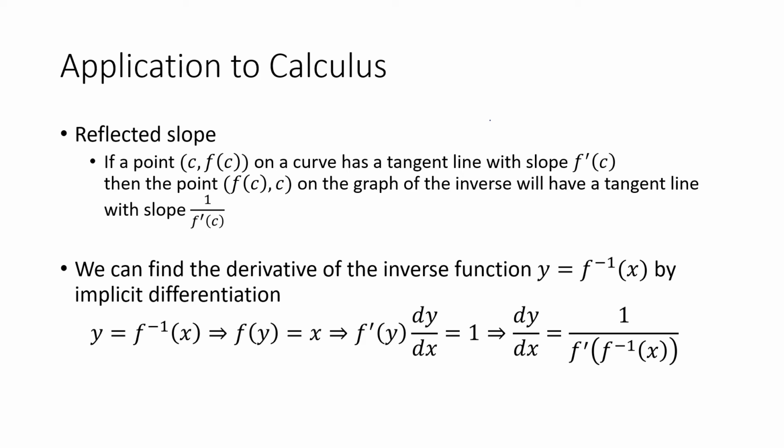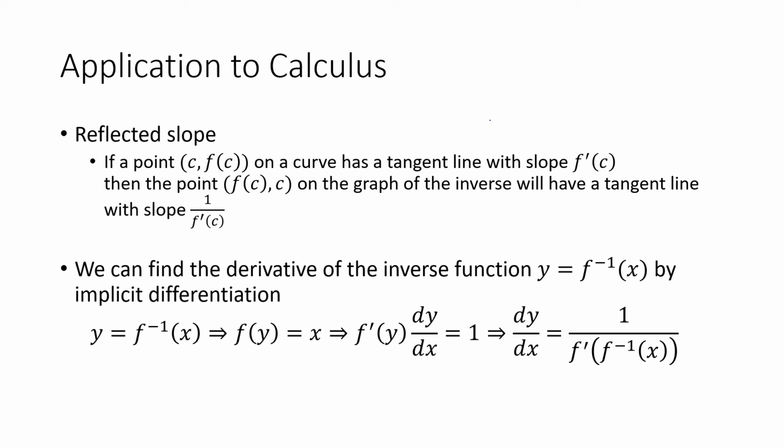When you reflect it, then the tangent line will now have a slope 1 divided by f prime of c. I'll draw a picture of that in class, I think. I don't think I have enough room on this slide.